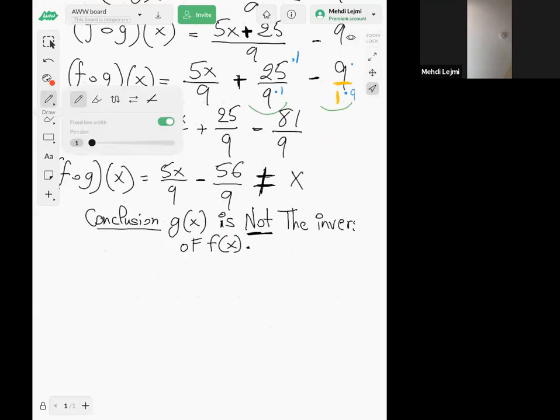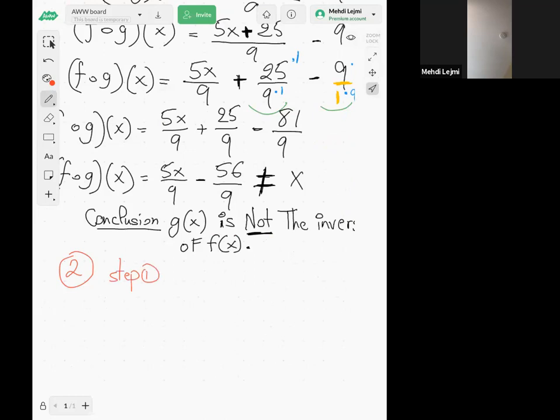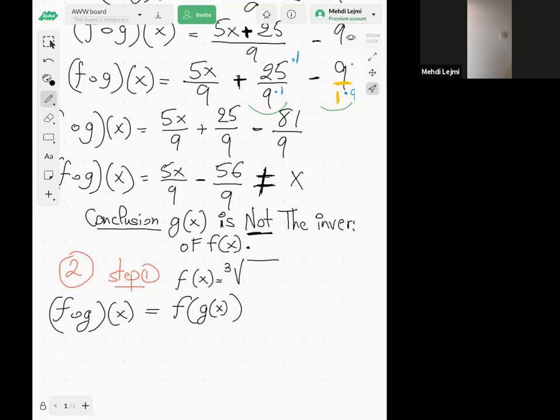For number 2, again, here's my step 1, and the same thing, I'm going to compute f composed with g of x, so it's f of g of x. I'm going to write down first f of x. My f of x is the third root of x minus 4, so under the root, I have this x minus 4.